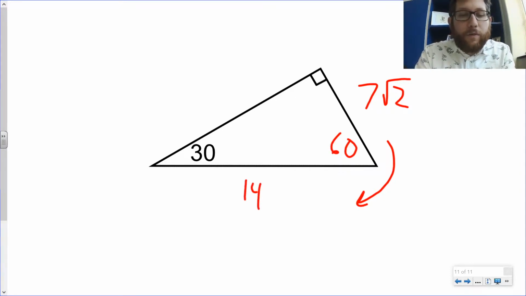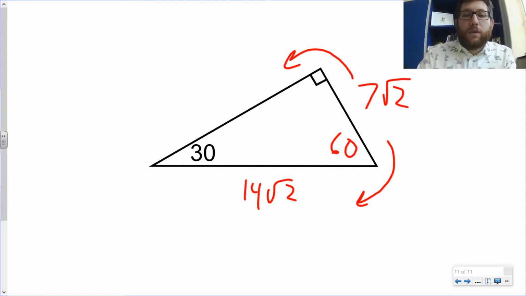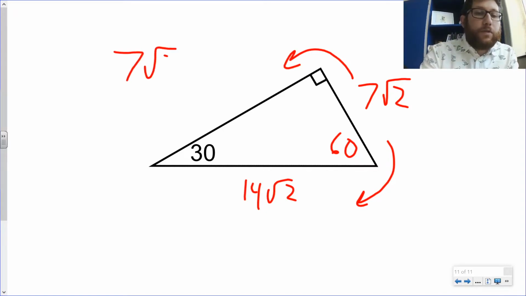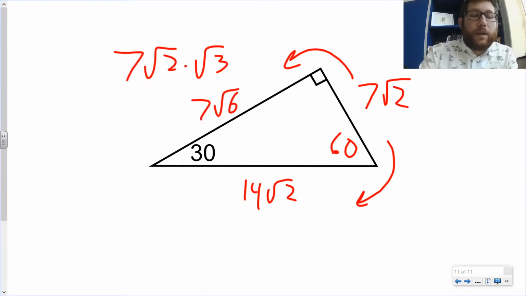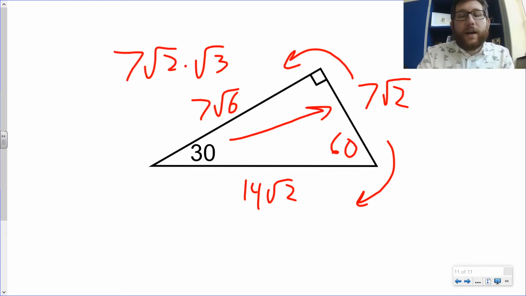So this is going to be 14 root 2. And then going to my longer leg, I'm going to multiply by root 3. So this becomes 7 root 2 times root 3, or 7 root 6. Okay, now the reason this is important is it's always about the smallest side, okay? It's always the side opposite the 30 degrees that helps us get to the other sides, all right?